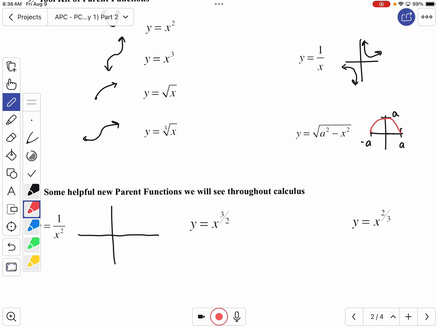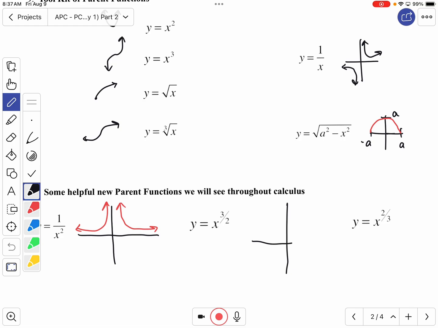So the first quadrant's going to look exactly like the reciprocal function, okay? But because it's squared, it's no longer going to be in the third quadrant. Guess where it goes? This second. It's going to flip back up to the second quadrant, all right? So it's a lot like your reciprocal function there, okay? Except y is going to always be positive, okay? So that one's kind of interesting.